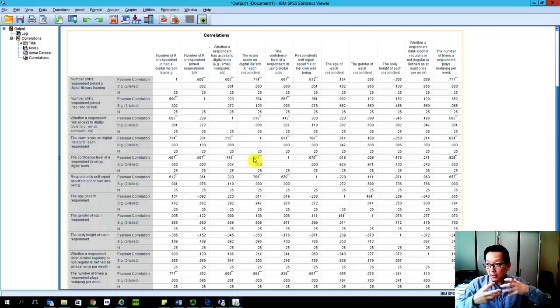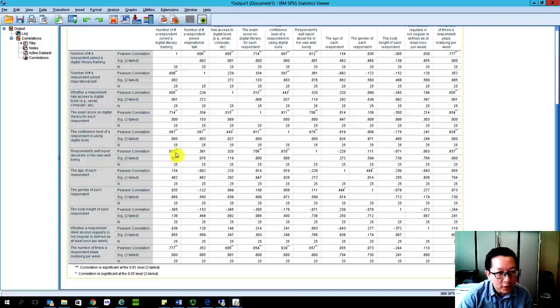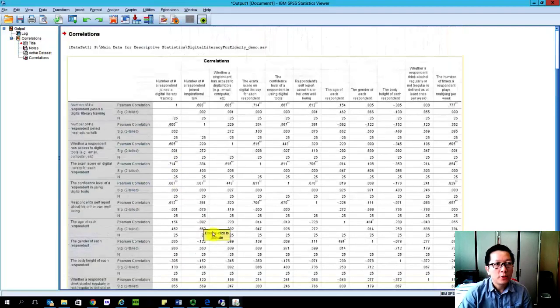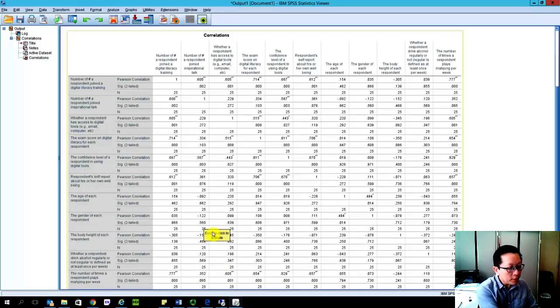Or people who have scored very well, they know they have done very well in the exam and they feel confident about it. So that's why it's very high. So correlation doesn't tell you what caused what. So you can pay attention to those numbers that have the stars, and you can ignore the things that have no stars. Yeah. So this is the part on correlations.